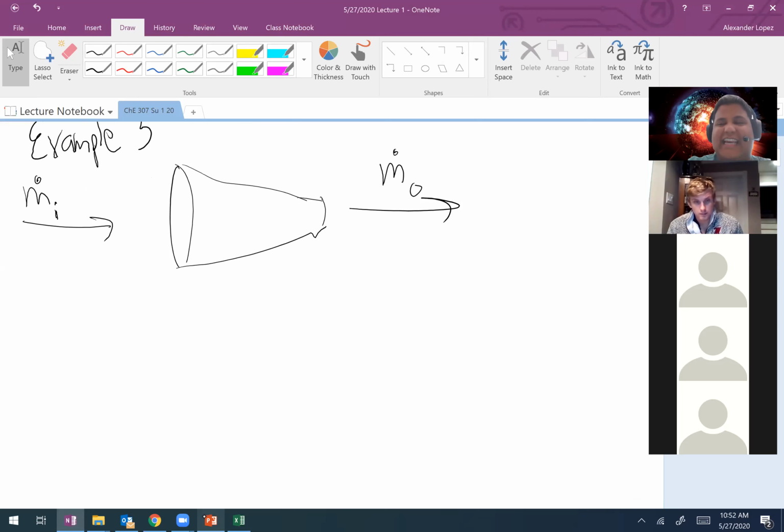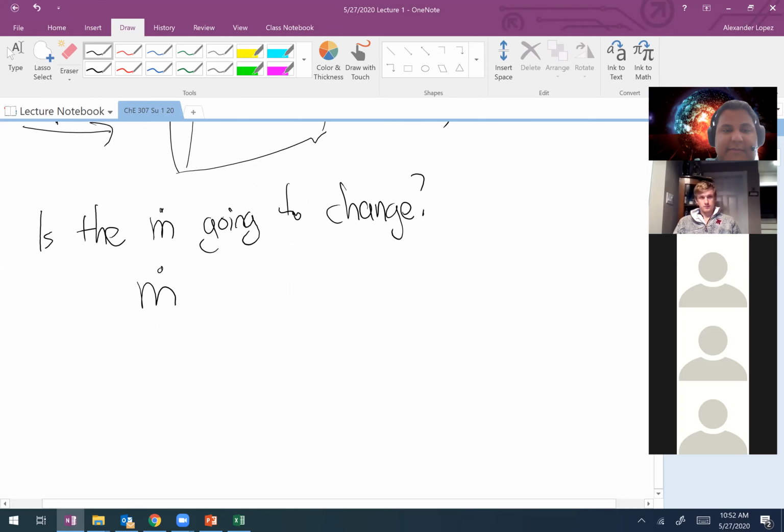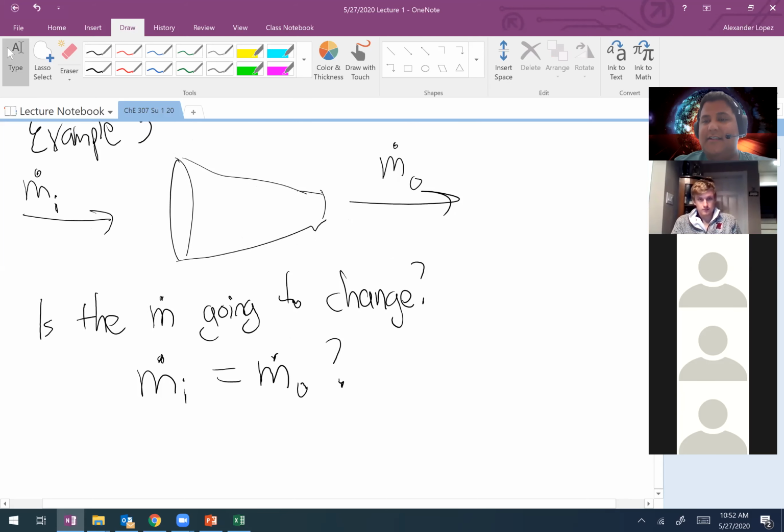And what I'm getting at is, is the mass flow rate going to change? Or I can also say, does the mass flow rate in equal the mass flow rate out? So is that a yes or a no or an I don't know or maybe only on Tuesdays? What do you guys think?